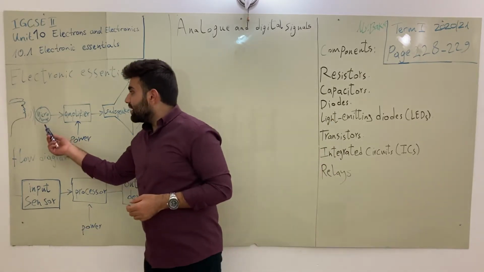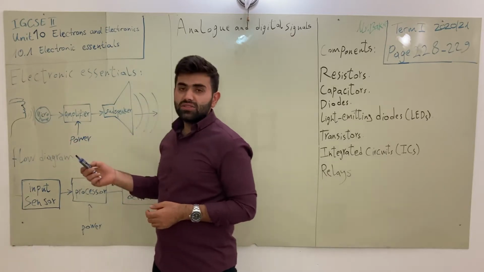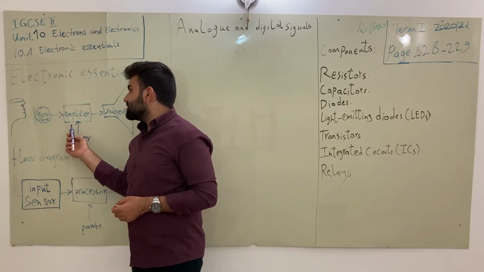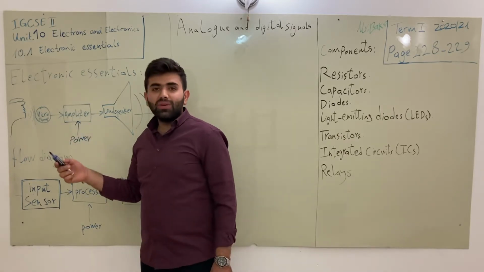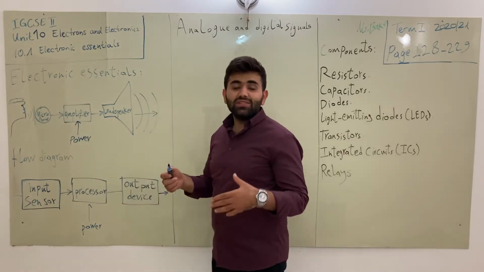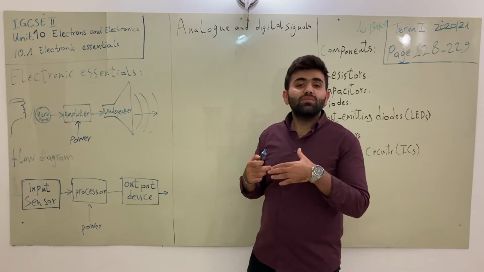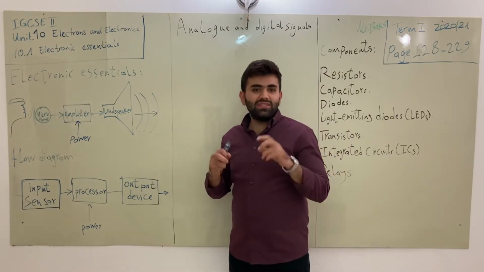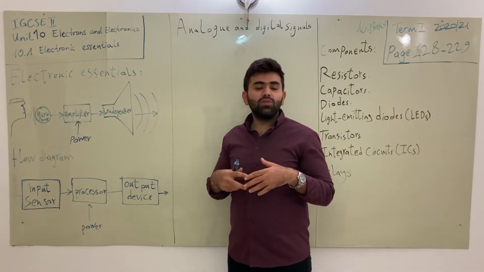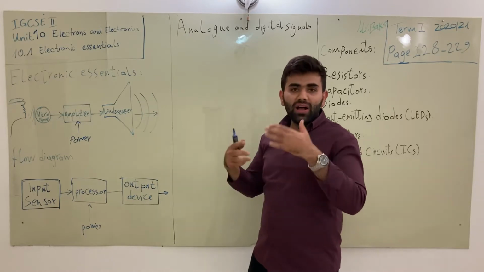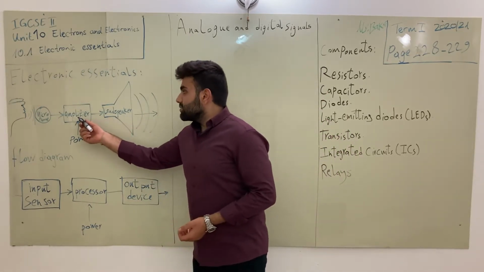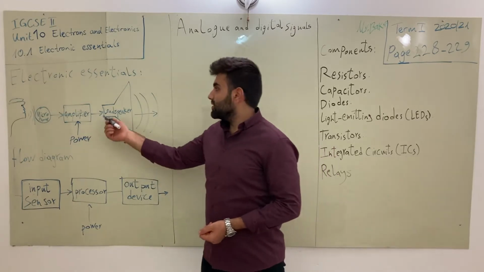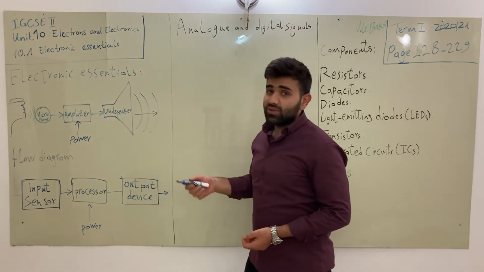The microphone can feel these changes in the current and send them to the amplifier. The amplifier, of course, gets power, and it amplifies the voice, which means it makes it more magnified or higher. The loudspeaker then takes the output from the amplifier and makes a loud voice.